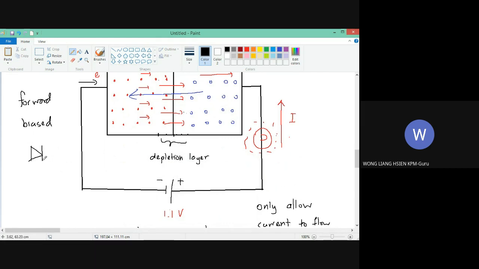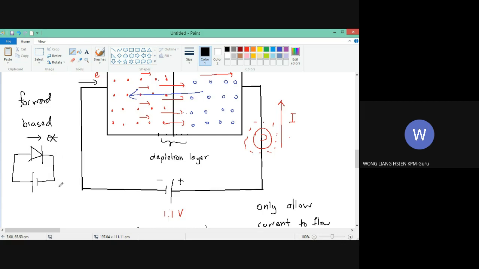And then you draw a line like this. So this line shows that current can flow in this direction, but if you want to go in the opposite direction, cannot. And join with a power source.